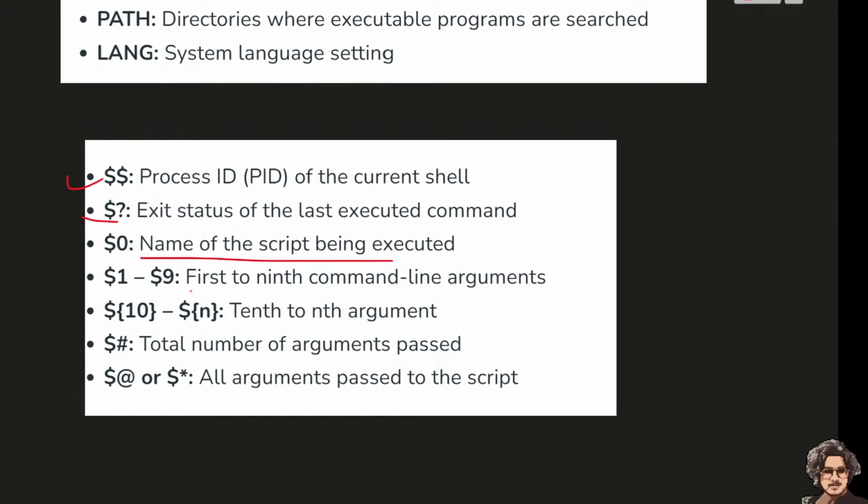This is the first to ninth command line argument, then the tenth argument. And this is the total number of arguments passed to the script. Let's try this in our shell.